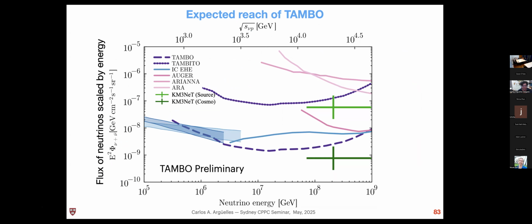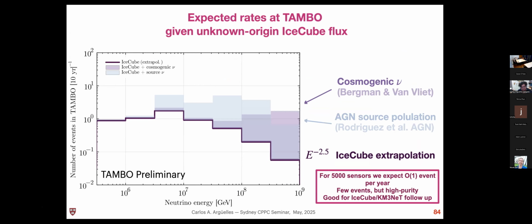So the blue line is IceCube measurements. What we call TAMBO Vito is like our sort of test array of 100 of these panels. And then this dashed line is if we had 5,000 of these modules in a mountain, and then we could do really good physics. So we expect to have, with 5,000 sensors, about order 1 event per year, given IceCube observations.